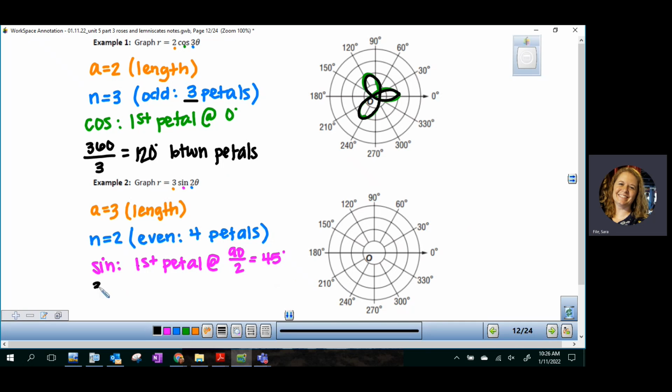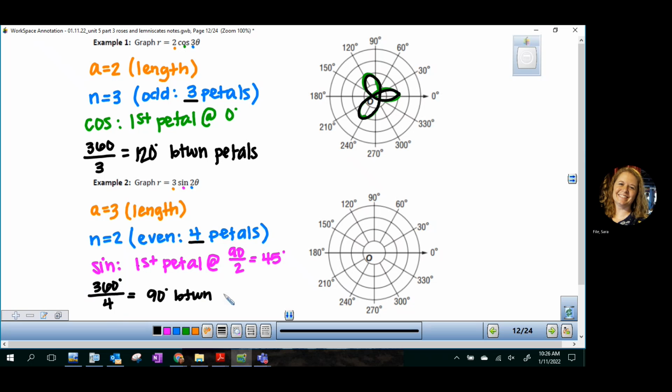Now, the rotation, the spacing between the petals, is 360 divided by the number of petals, which there are 4. So the spacing is going to be 90 degrees between each petal, but we start at 45. So I'm going to start at 45 degrees, 3 units out.